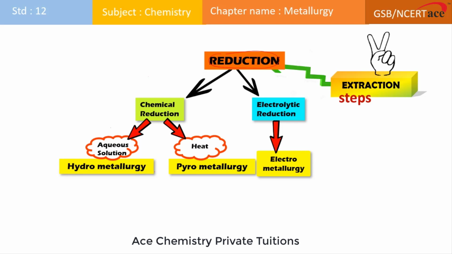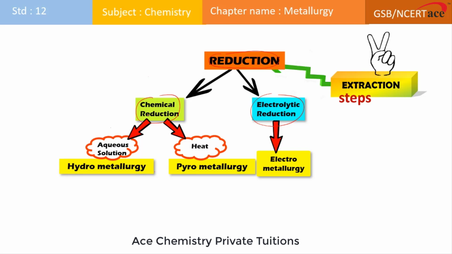Depending upon the reactivity of the metal, the reduction can be classified into two types. One is chemical reduction and one is electrolytic reduction. This classification is totally based upon the reactivity of the metals. For chemical reduction, we apply this method for less reactive metals, and for highly reactive metals we apply electrolytic reduction.